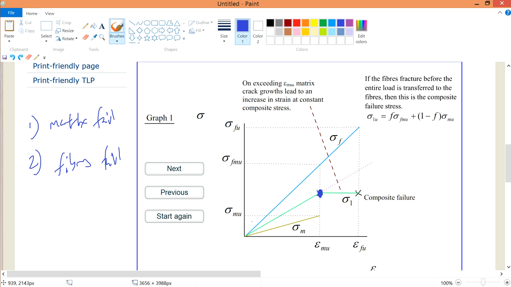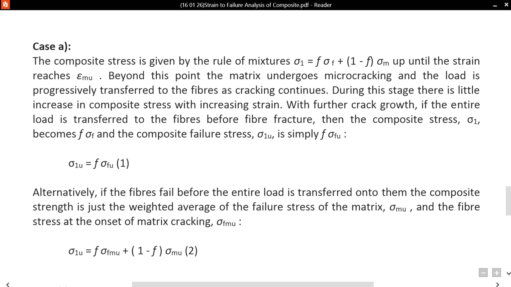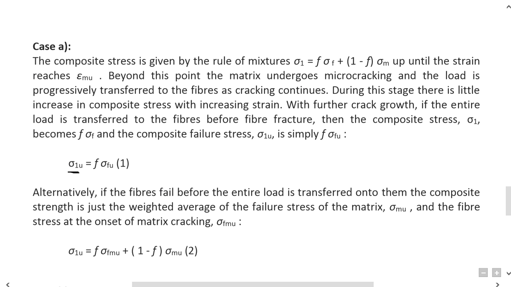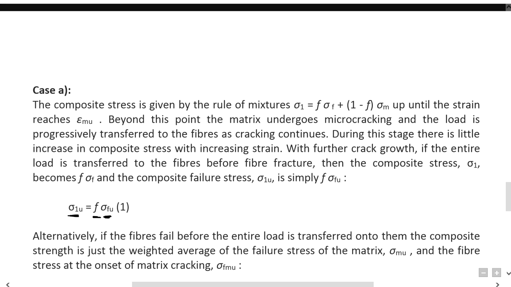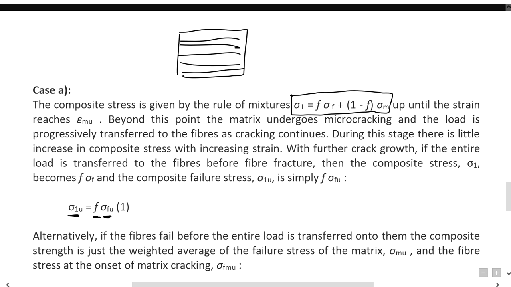If the matrix fails first, then the stress in the one direction of your composite will be the volume fraction of the fiber times the stress of the fiber. That's all. If you remember correctly, previously we used the rules of mixture. This is when everything is nice, nothing spoiled yet. The matrix is the matrix, the fiber is the fiber. They are all working fine.